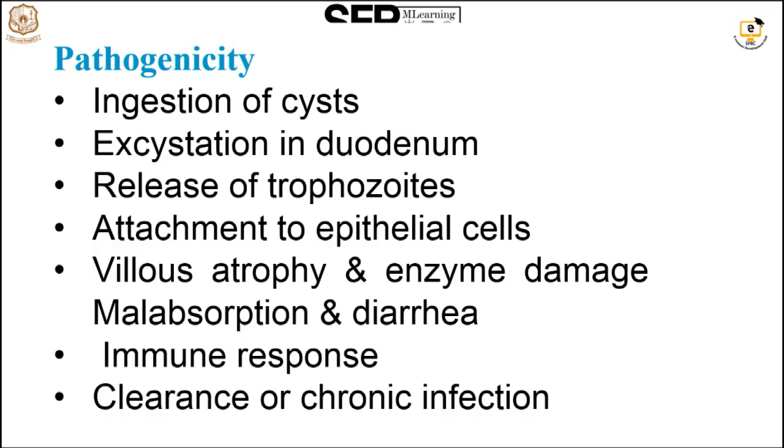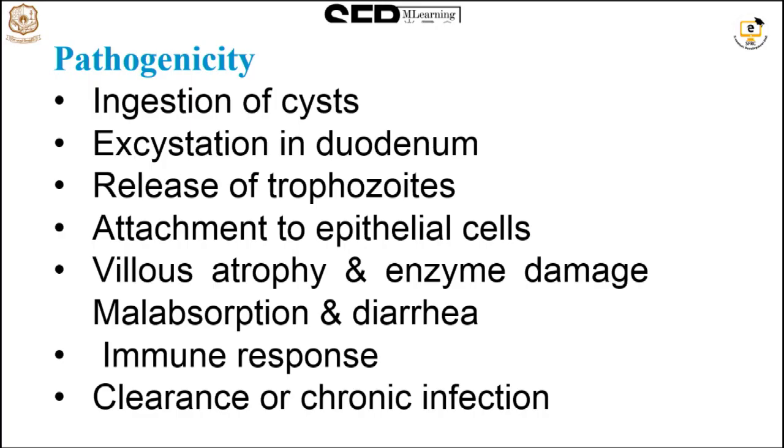Then pathogenesis. Giardia infection begins when a person ingests cysts through contaminated food or water. Once in the duodenum, the cysts undergo excystation, releasing trophozoites. These trophozoites attach to the epithelial cells of the small intestine using their ventral sucking disc, causing villous atrophy and damage to brush border enzymes.